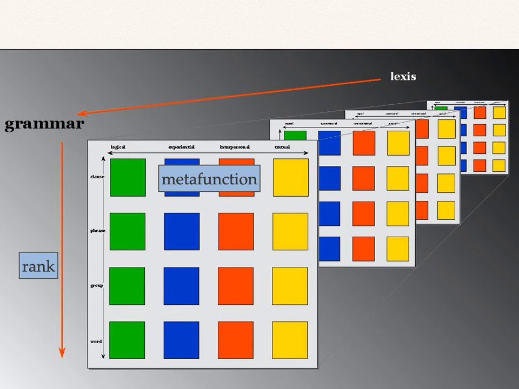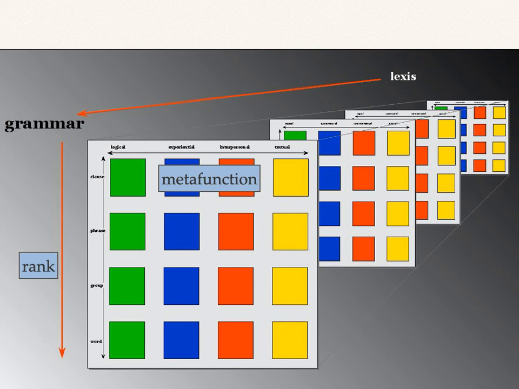Clauses constitute the highest ranking unit. They consist of groups or phrases. Groups consist of words, and by another step not shown in the schematic overview, words consist of morphemes in a language like English and also Chinese.